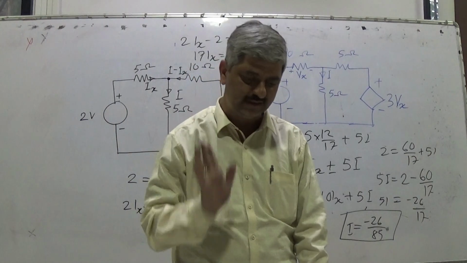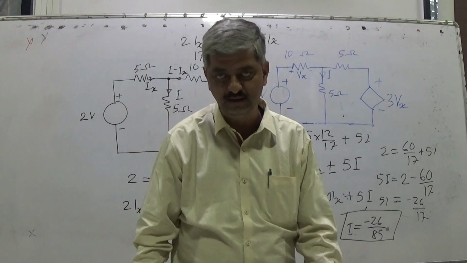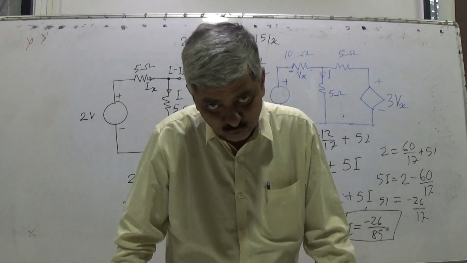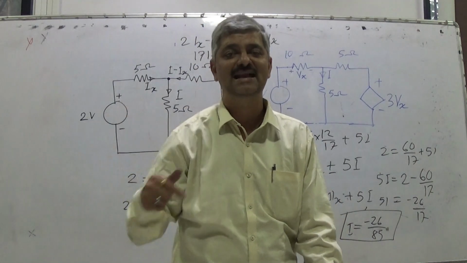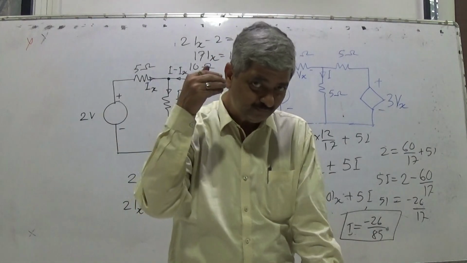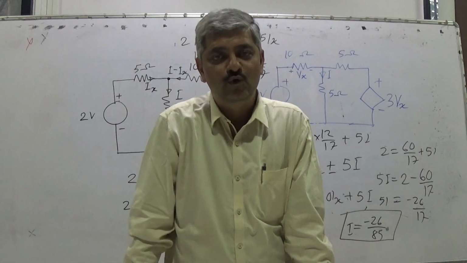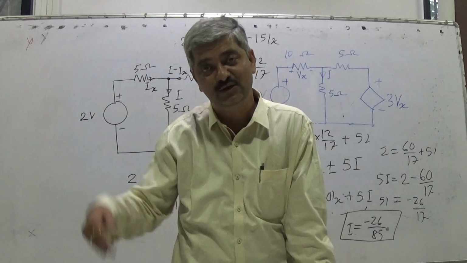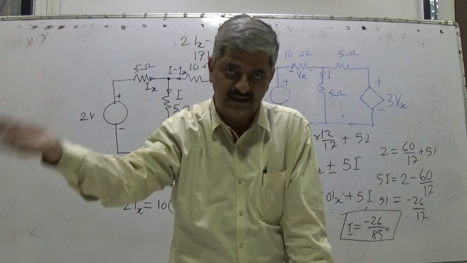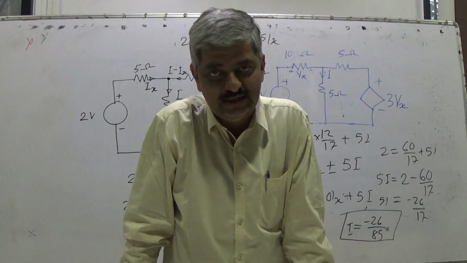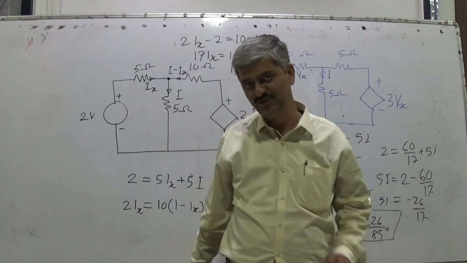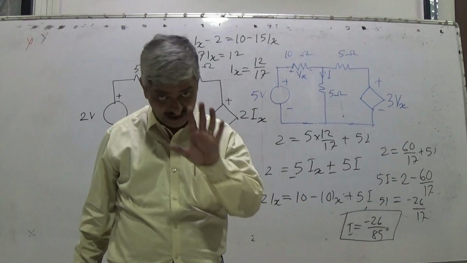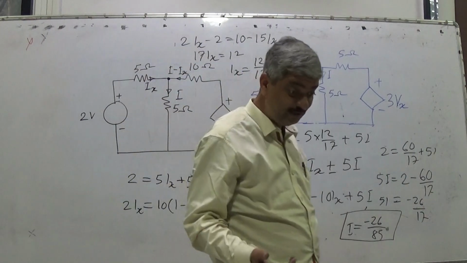In a dependent voltage source, the value depends on some other parameter in the circuit. A dependent voltage source can depend on some other voltage or some other current. A dependent current source value can depend upon some other voltage or some other current. So this is something which was additionally required to be told.